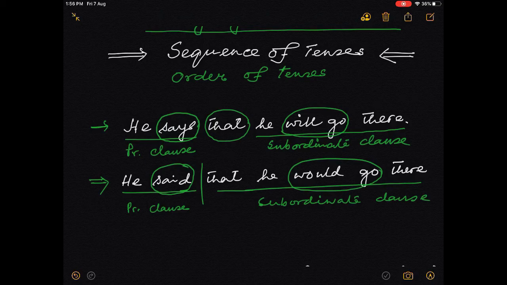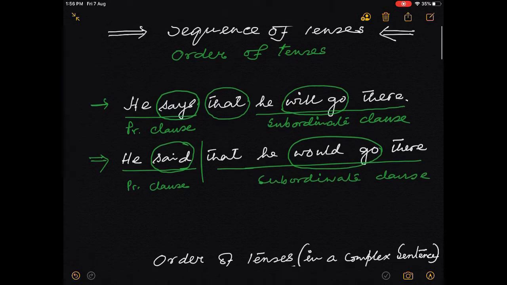And in the second sentence, the verb in the principal clause is the past tense, and the verb of the subordinate clause is also a past tense. So, it is past, but here one is present, other one is future. Why is it like this?